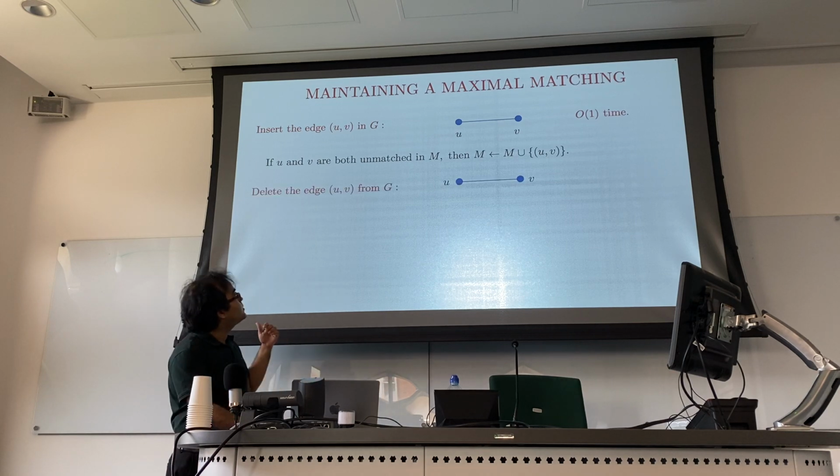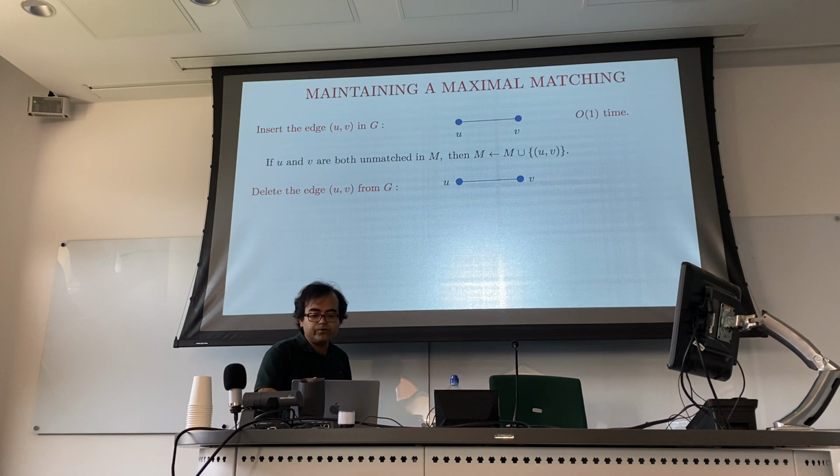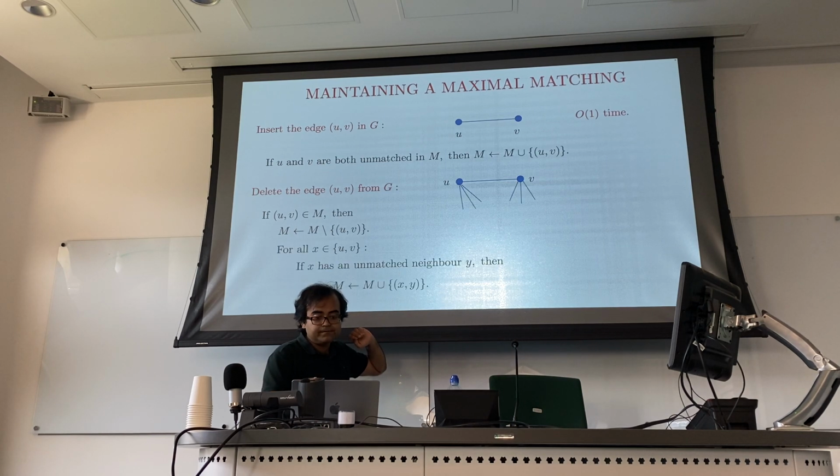On the other hand, suppose an edge UV now gets deleted. What do we need to do? If this edge UV was not matched initially, we don't need to do anything. Our existing matching will continue to remain maximal. The bad case is when this edge UV was part of our matching. Of course then we need to first remove it from the matching.